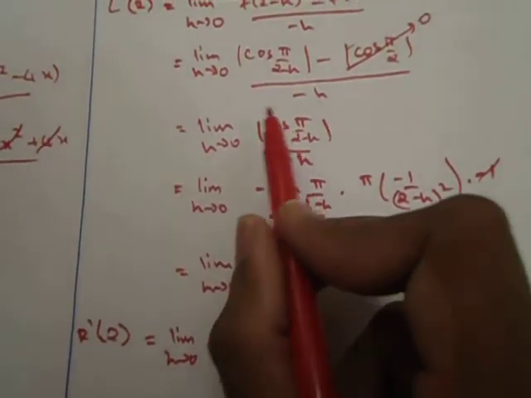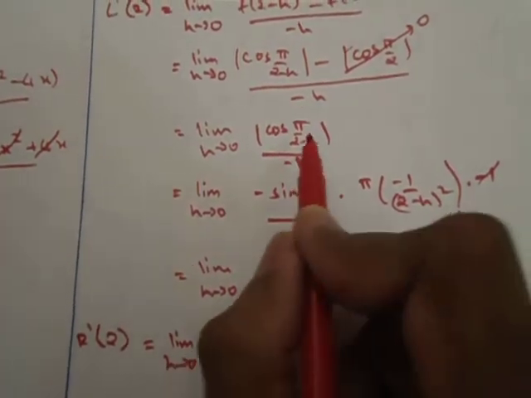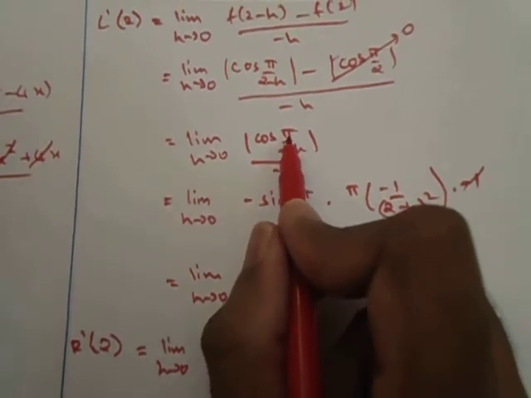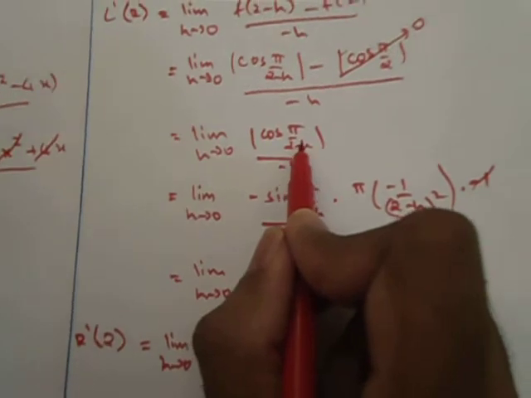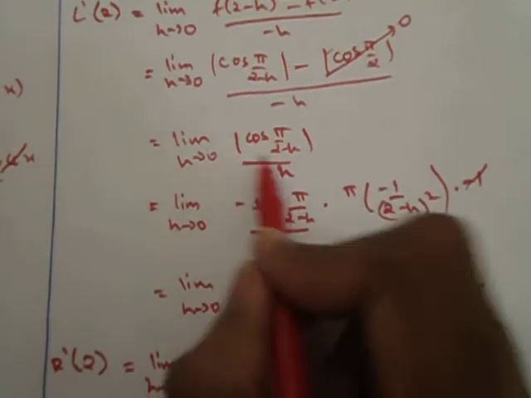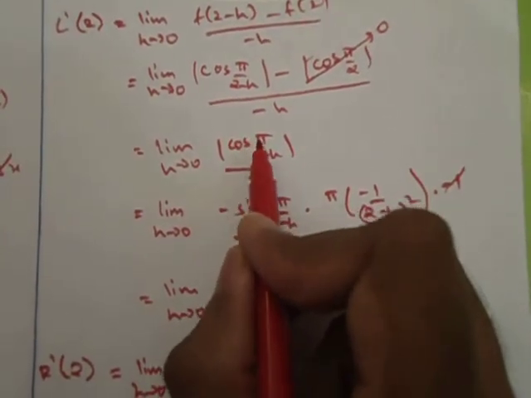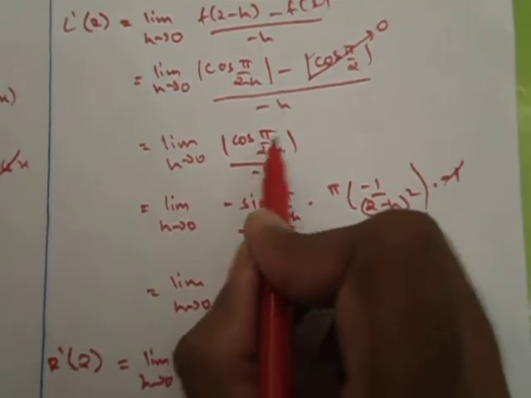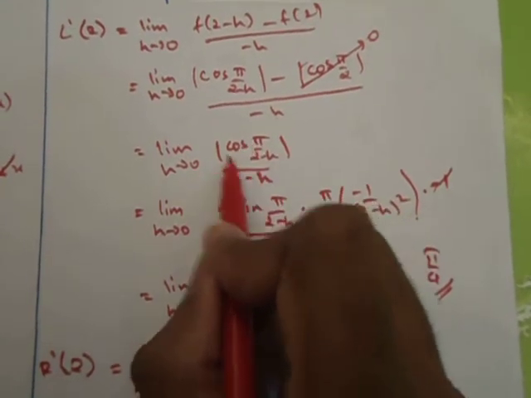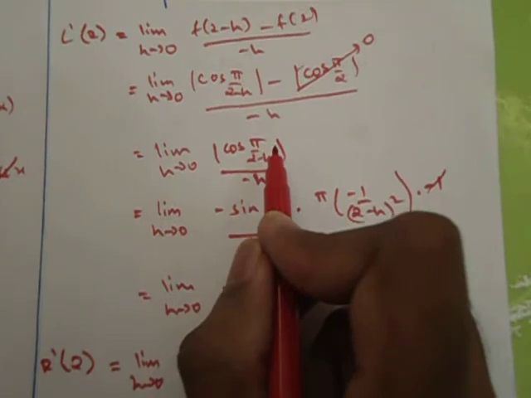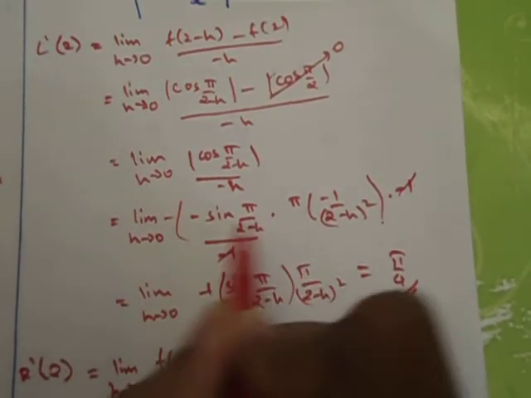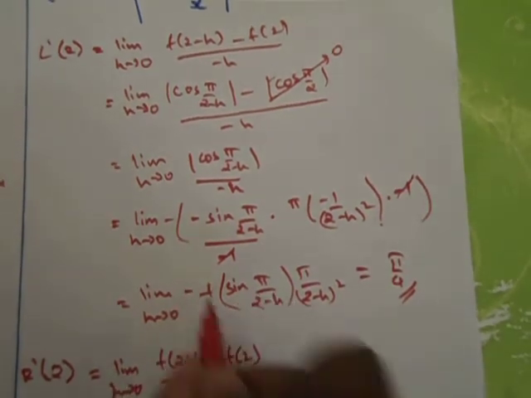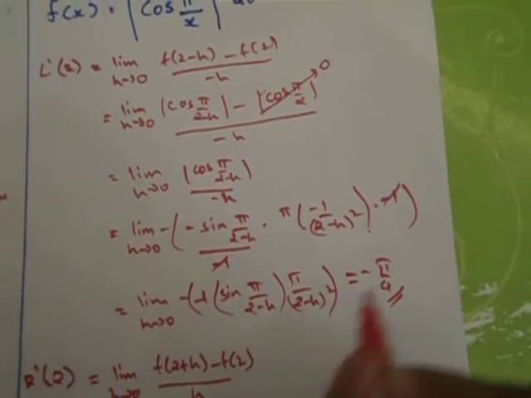And here, while removing the mod, we also get another minus, because when we subtract a number h from the denominator, this value lies in the second quadrant, which means that cos in the second quadrant is negative, so we have to add an extra negative here. So we get another minus, and therefore this is minus pi by 4.